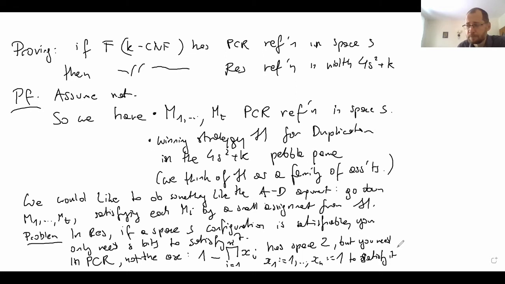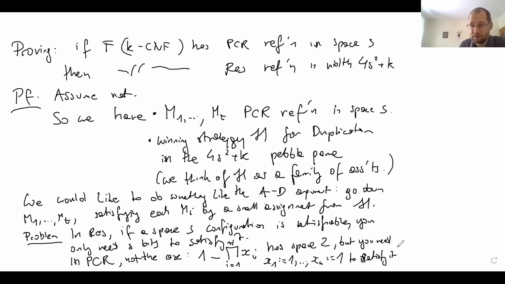It's kind of unclear whether you can somehow go through the refutation and maintain a small assignment that satisfies each configuration. So generally, this sort of trimming down argument doesn't work.